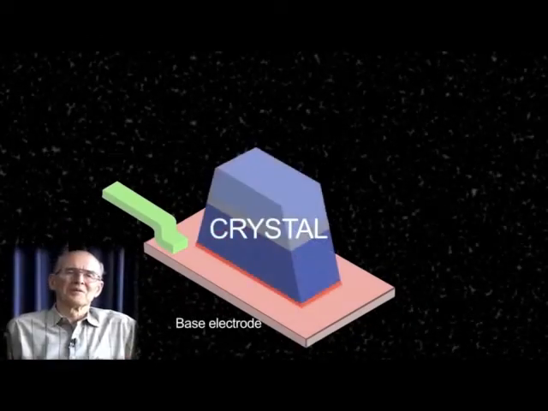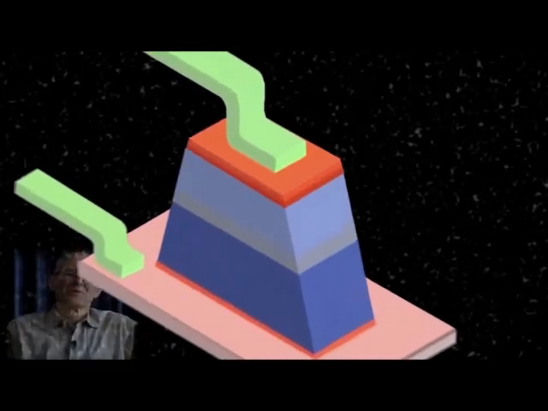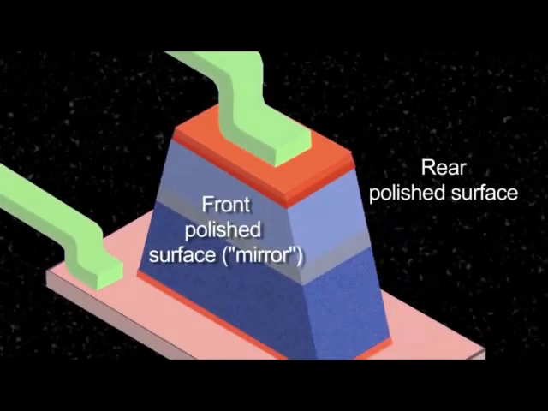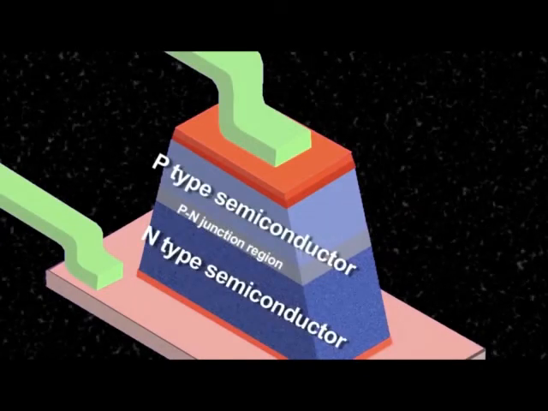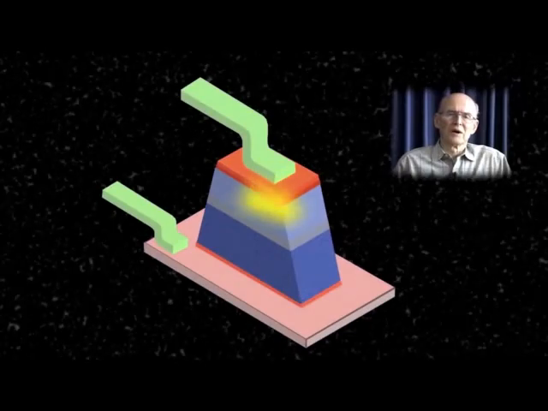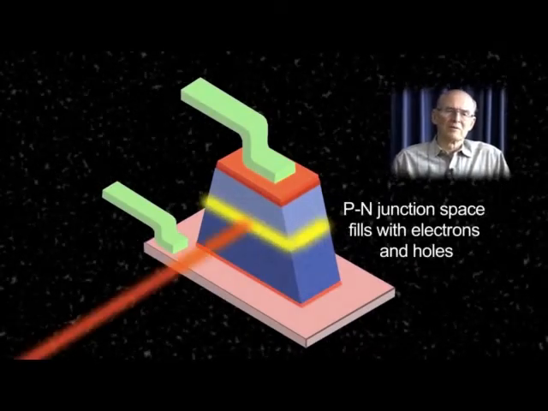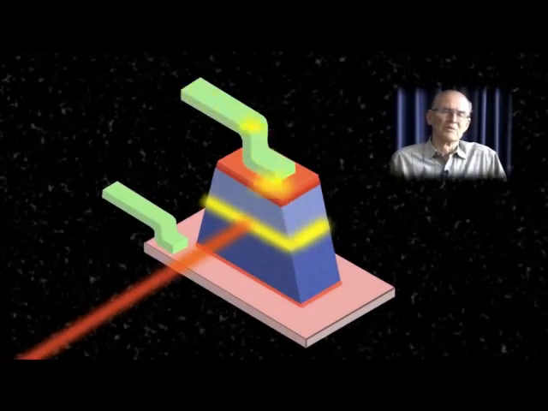It's a crystal very much like gallium arsenide, a tiny crystal with mirrors front and back, polished or cleaved, so it's a largely reflecting surface on both faces. And you pass a current through the diode. It populates the space inside the junction with electrons and holes.